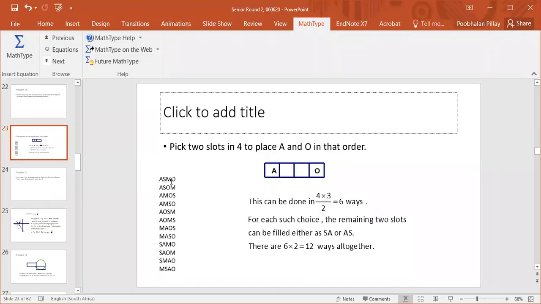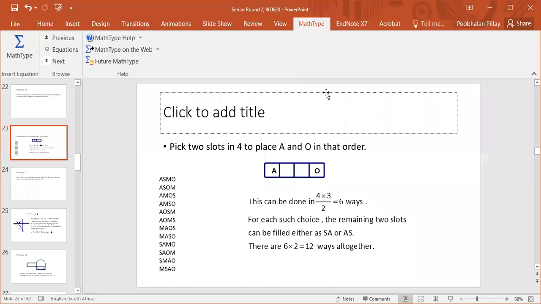In each arrangement, you can think of these as 4 boxes to be filled with letters A, S, M, and O. I need to know how many ways I can fill these boxes, the condition being that the A must come before the O. The way to do this is to take one particular choice. Here I've chosen A to be here and the O to be the last one, and then ask in how many ways can I fill this box? I can put S and M here, or I can put M and S in that order.